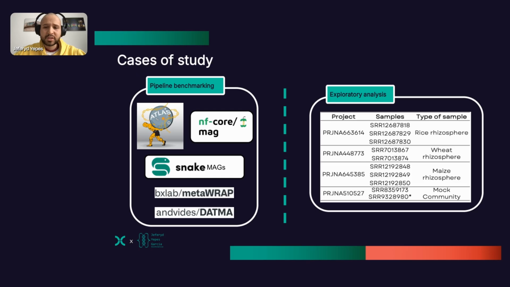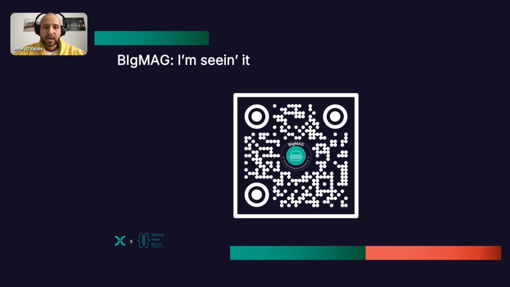Now, for the dashboard, which is BIgMAG. With this QR code, you will have an online version that is comparing two environments. That is the exploratory analysis that I was talking about before, where we obtained some MAGs from soil and some others from rice straw, and then we are comparing the two environments.